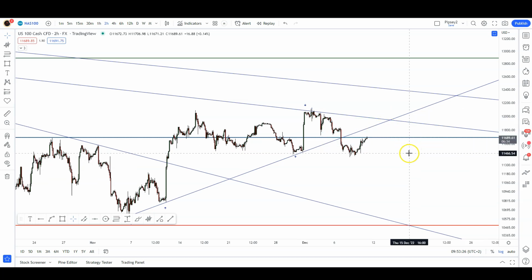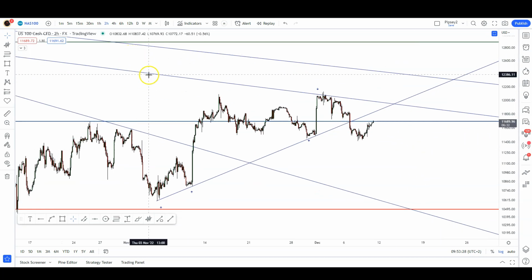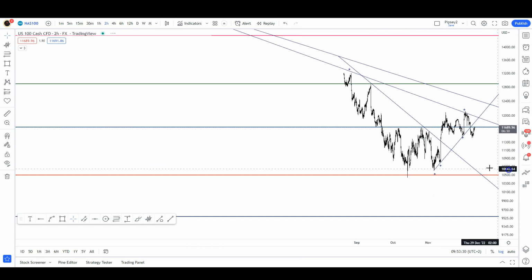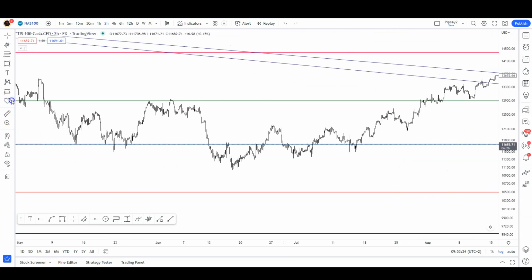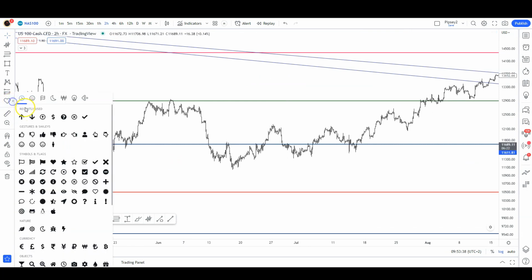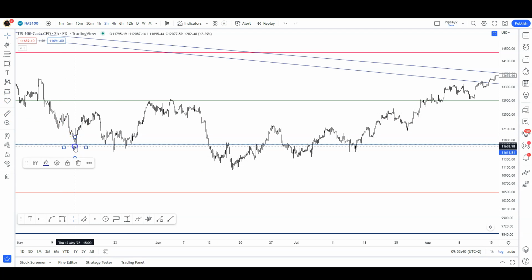Actually, area number two. The other area I'm looking at right now is this Fibonacci level. I pointed this out the other day: support, support, support.